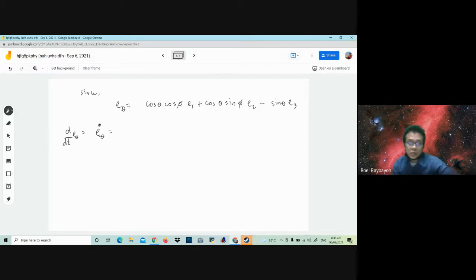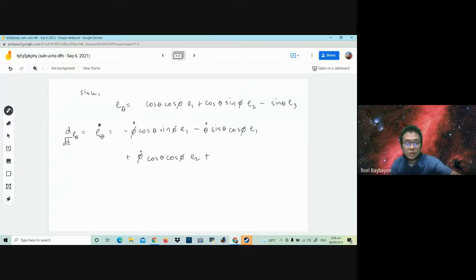Okay. So this has 1, 2, 3, 4, 5 terms again. So I have phi dot cos theta sin phi negative E1, minus theta dot sin of theta cos phi E1. Next is plus phi dot cosine theta cosine phi E2.